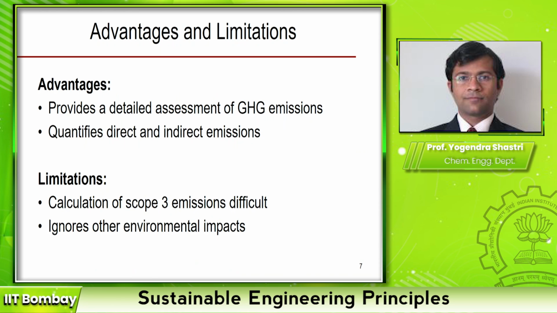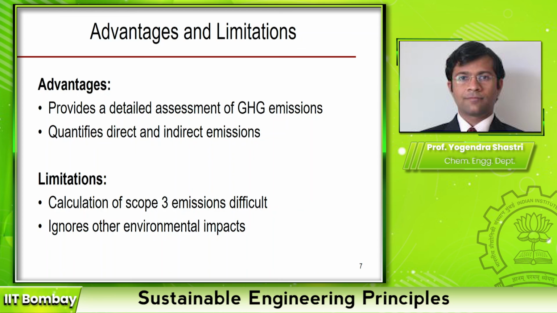Now, to summarize the overall concept of carbon footprint, the advantages of doing carbon footprint calculations are: first, it provides a very detailed assessment of GHG emissions, and GHG emissions are very critical when you talk about climate change and global warming. Secondly, the method is comprehensive and therefore it provides the direct as well as indirect emissions, as we saw in the couple of examples in this module. However, there are certain limitations also. One limitation is that scope 3 emissions are often not very easy to calculate.